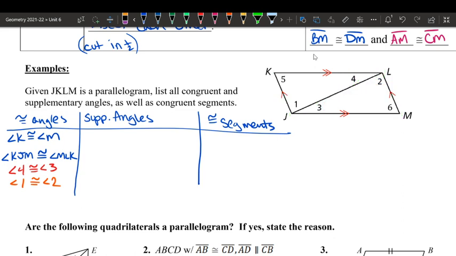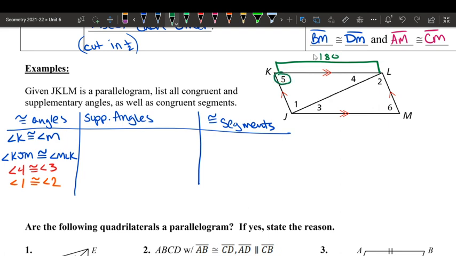The next section says supplementary angles. So I want all of the angles that are supplementary. I'm just going to start with the top. I know I'm making that shape to add to 180 whenever I want supplementary. So I could say angle 5.